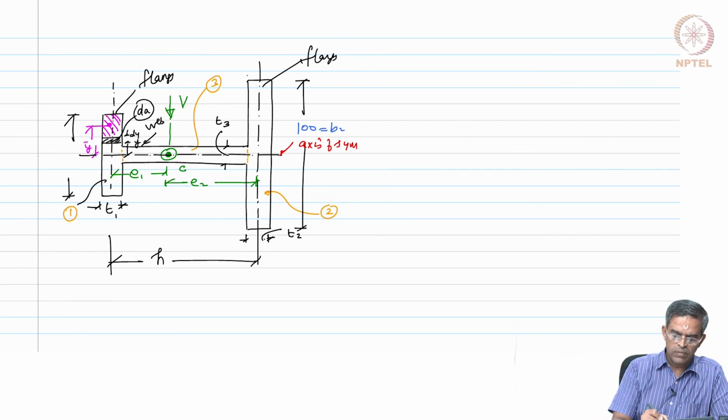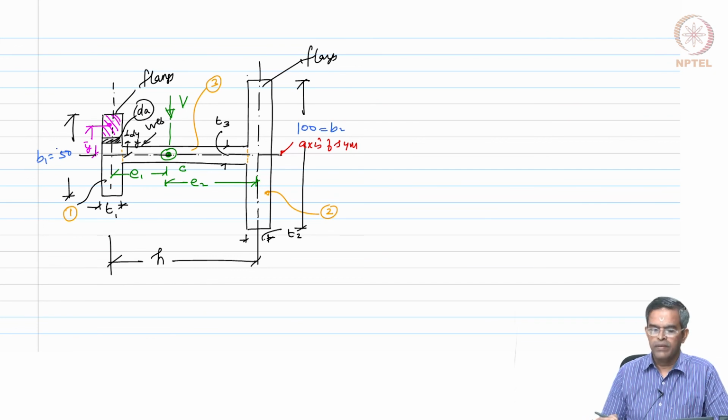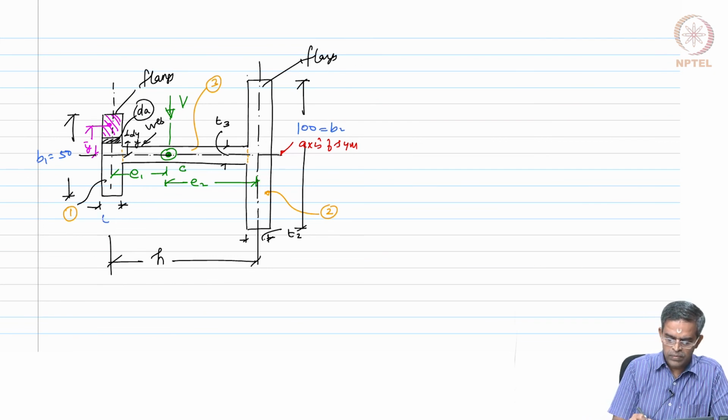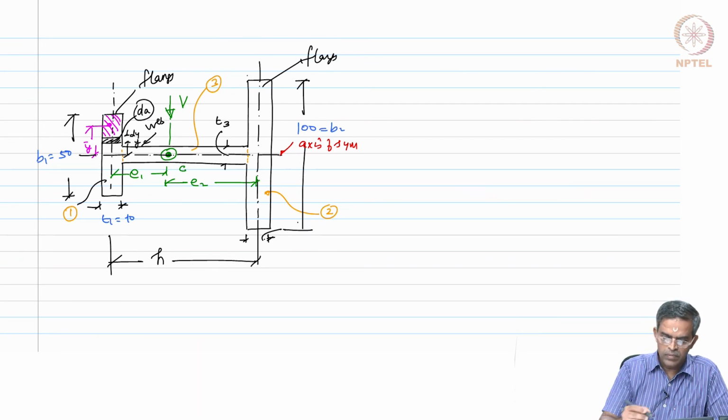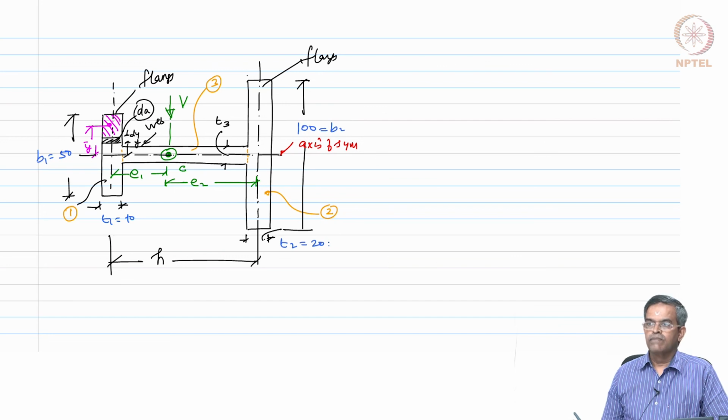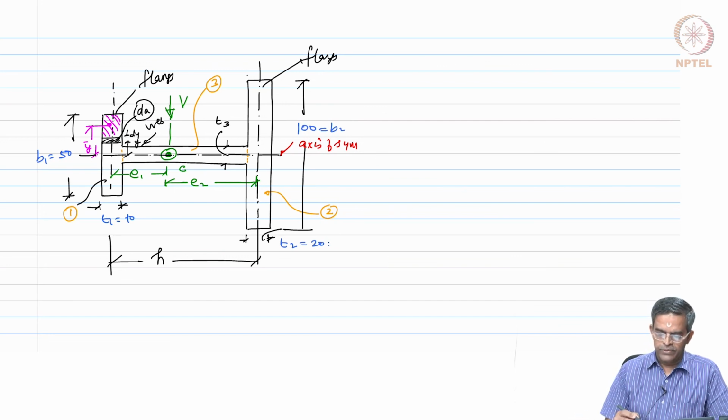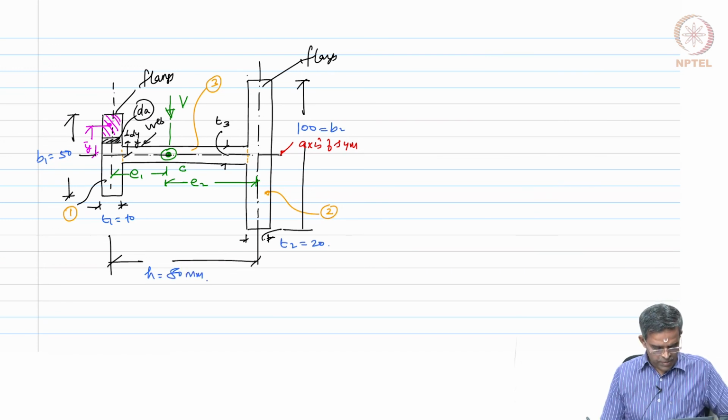B1 is 50, T1 is 10, T2 is 20, and H is 80, all dimensions in millimeters.